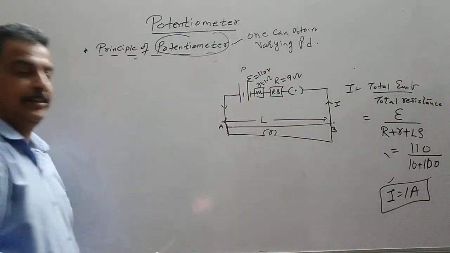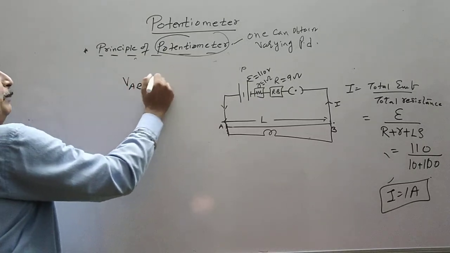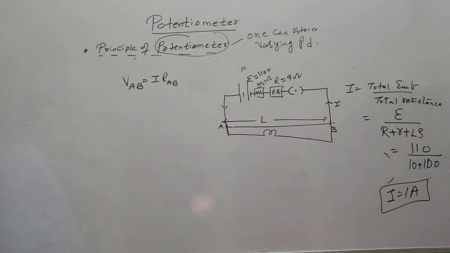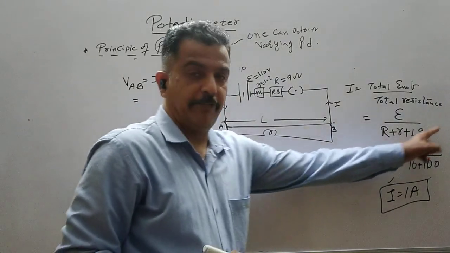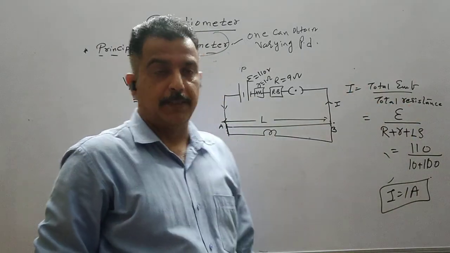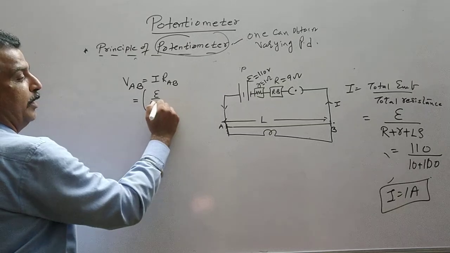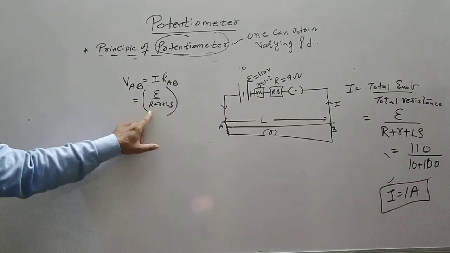Now, this is the first condition. So what is the potential difference across point AB? It will be I into resistance of AB. This is the formula of I you have to remember. So I can write E upon R plus L rho, though this capital R is optional.